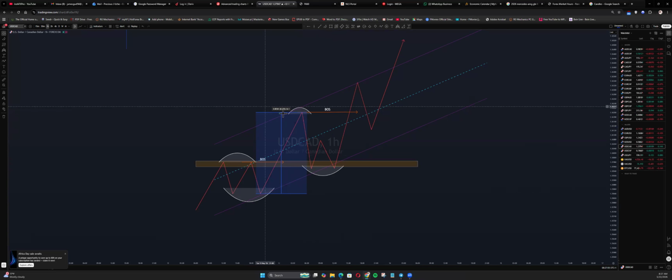If the market comes down below this point, let's say the market had come down below this point, you're not waiting for a buy anymore. You understand?